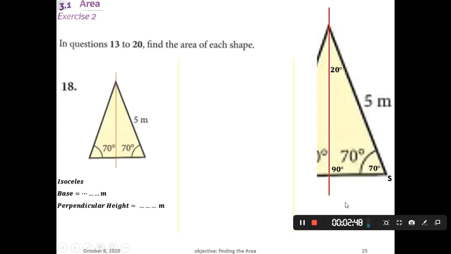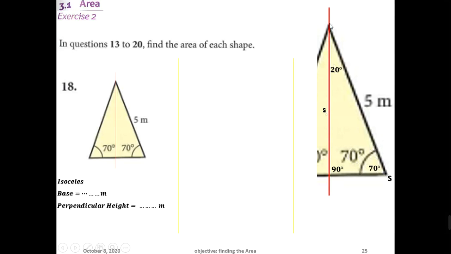S for 70. So the opposite side to angle capital S is S small, which is from the apex down to the horizontal base. Then point or corner N, where angle N capital is equal to 90 degrees, and the opposite side to angle 90 is the 5 meters, so this is N small.